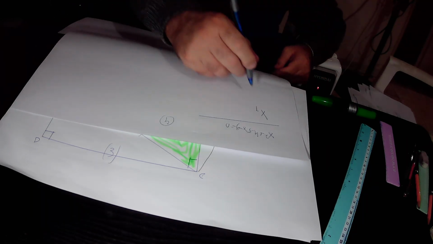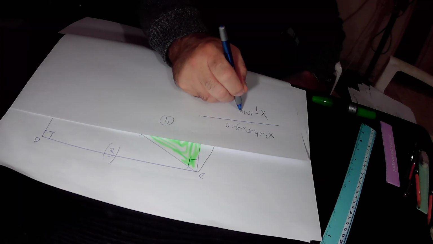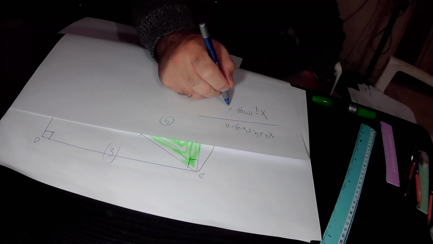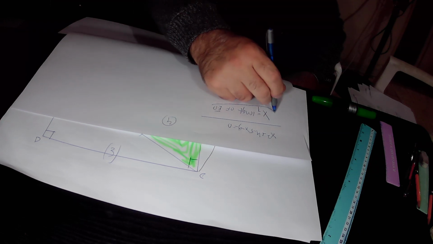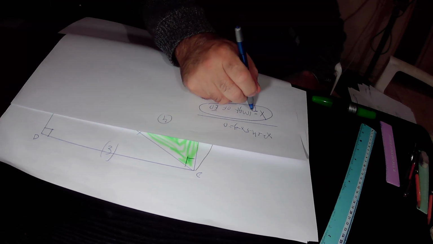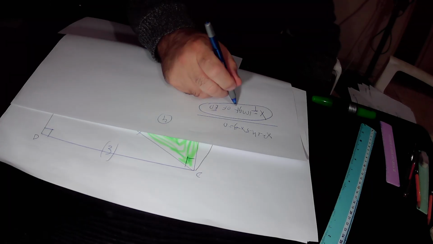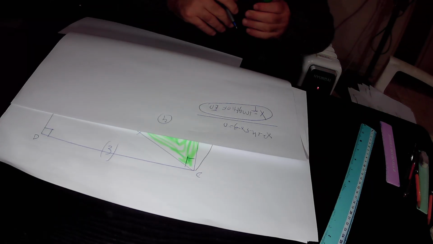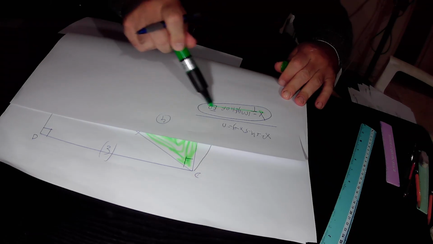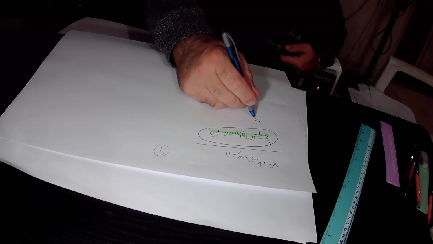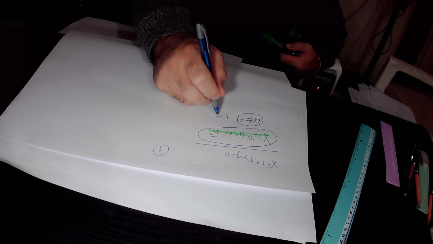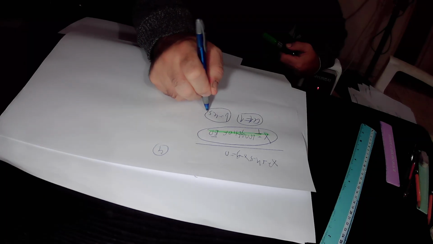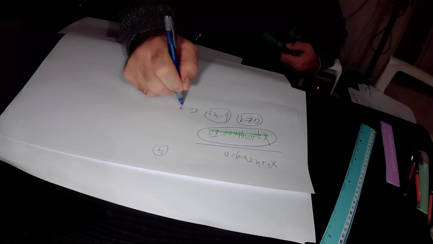Write it down. x is the length of line segment ED. The coefficient a equals 1. The coefficient b equals 4.5. And finally the coefficient c equals minus 9.